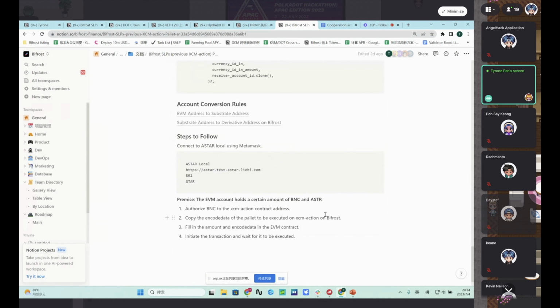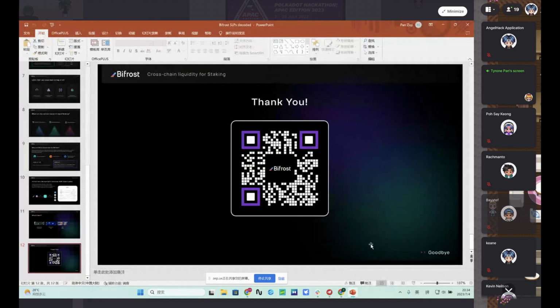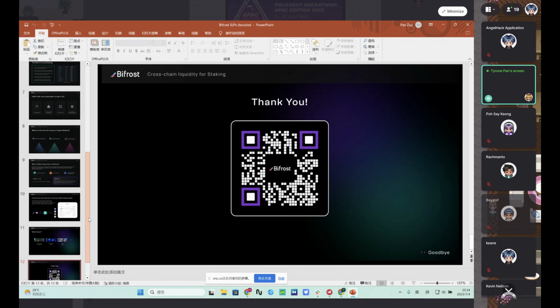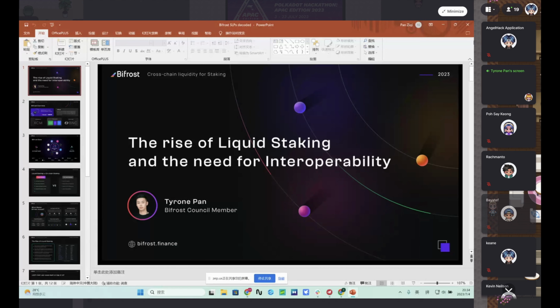I can share this documentation in the group, in the space, and thank you, everyone. You can scan the QR code.